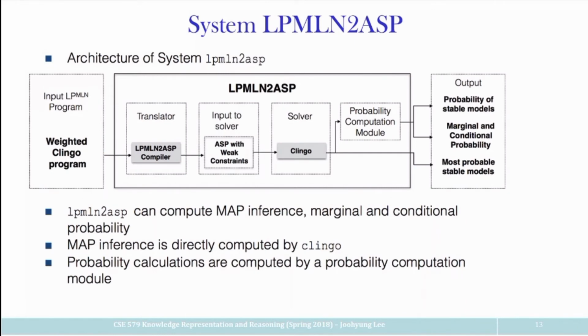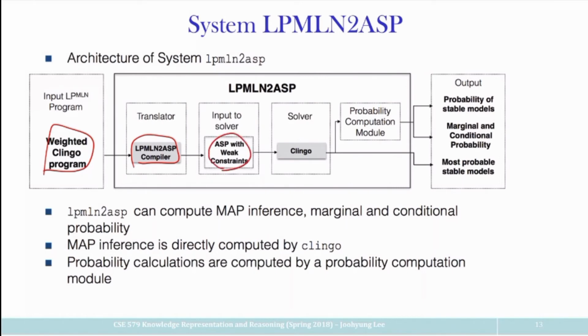The input LPMLN program is simply a modification of a Clingo program where you just insert the weight in front of each rule. The translator turns the LPMLN language into the ASP language, and this translation basically turns each rule into 3 rules. That's it. 1 LPMLN rule turns into 3 ASP rules, so it's not an explosion in the translation either.